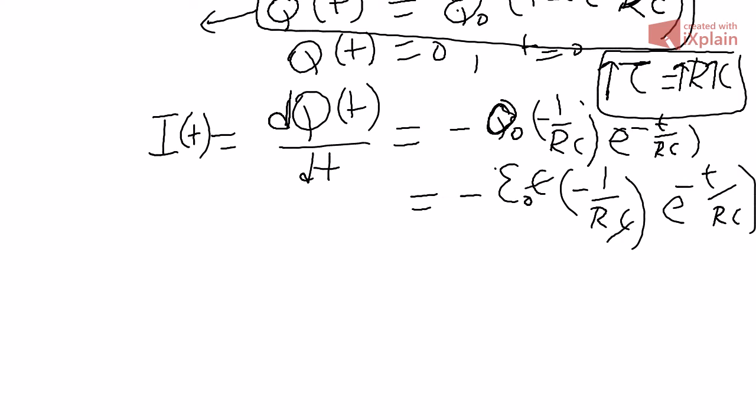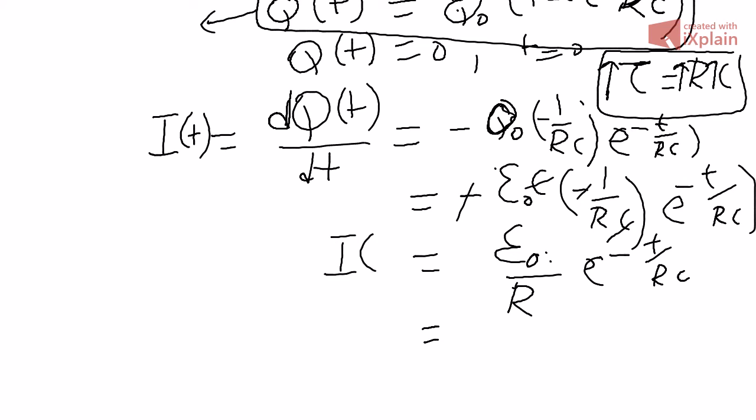So C cancels, and minus minus cancels, giving E naught over R, e power minus t over RC. So we have the expression for the current.